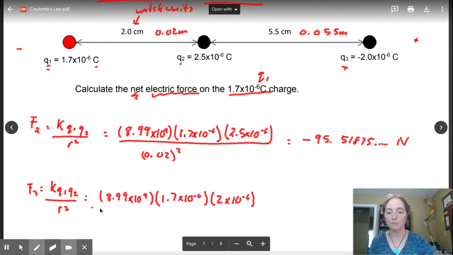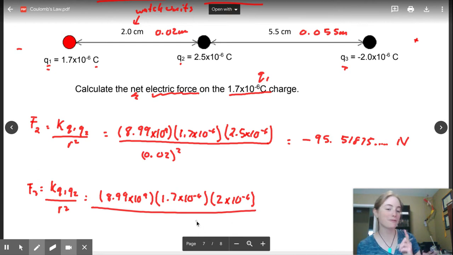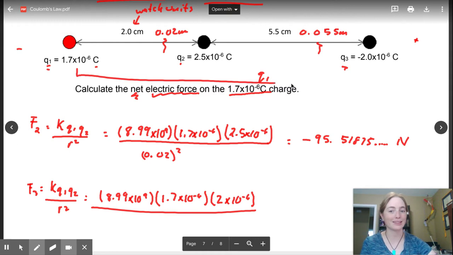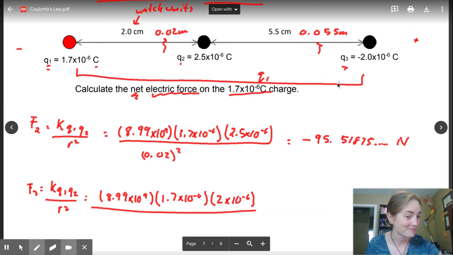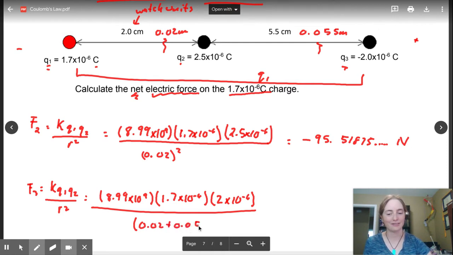Now this is where it gets interesting with the radius. We need to take into account both of these guys because we are looking at the distance between Q1 and Q3. So you're going to have to add these two different radii together here. So 0.02 plus your 0.055, square that.